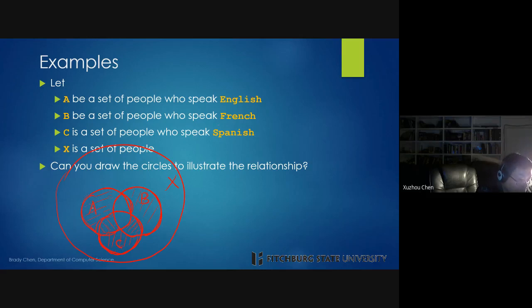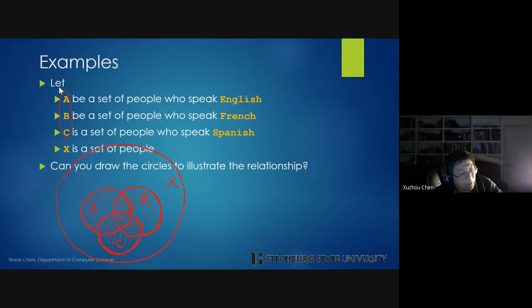And here's English, Spanish, but not French. And this group of people can speak both English and French, but not Spanish, right? Now, the center part, these are a group of people who can speak all three languages, right?